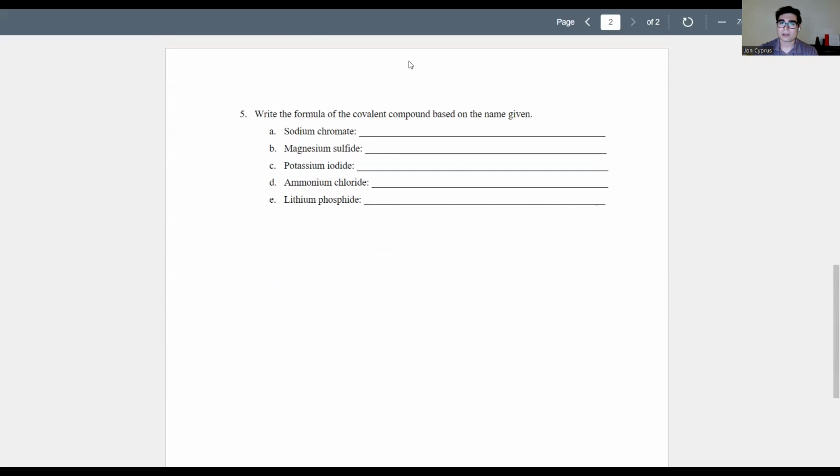Number 5 says write the formula of the compound based on the name given. So sodium chromate, you have Na. If you're looking at your sheet, chromate is, I believe it's CrO3. I am going to double check this very quickly.